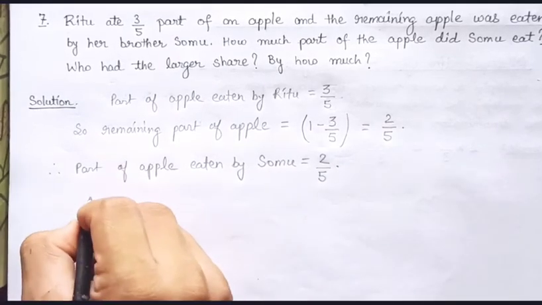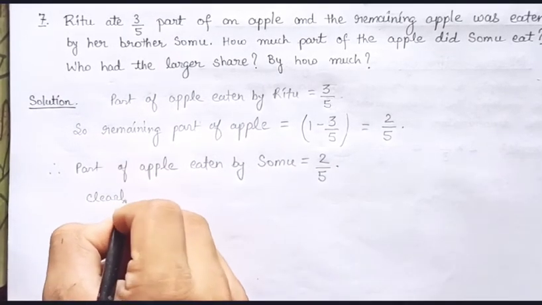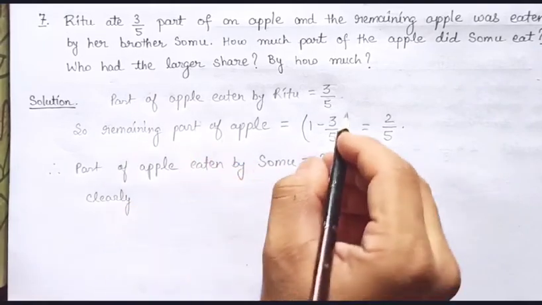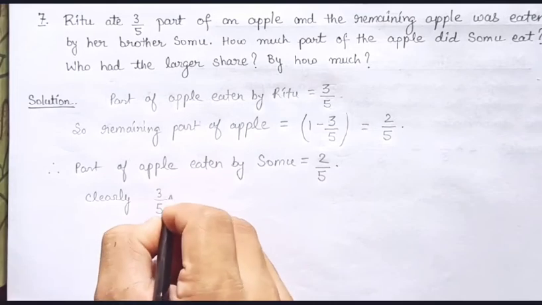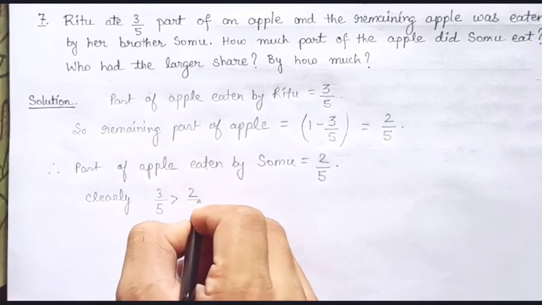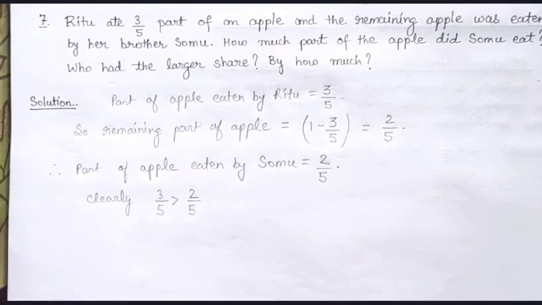Now it is clear that out of 3 by 5 and 2 by 5, 3 by 5 is greater than 2 by 5. That is, the share of Ritu is larger than the share of Somu.